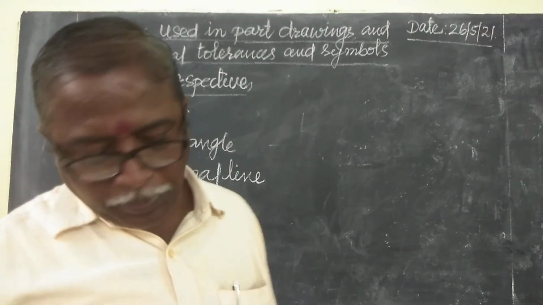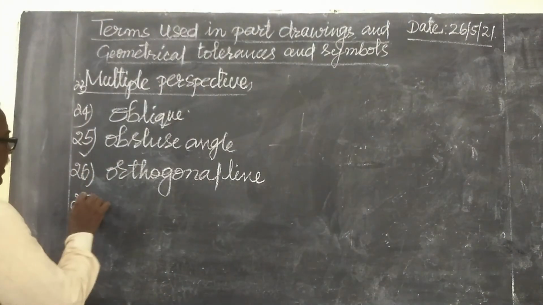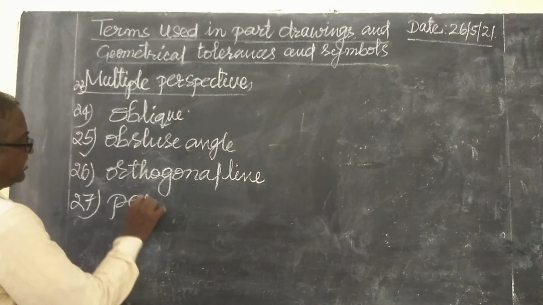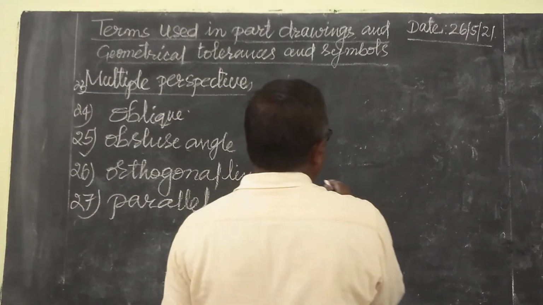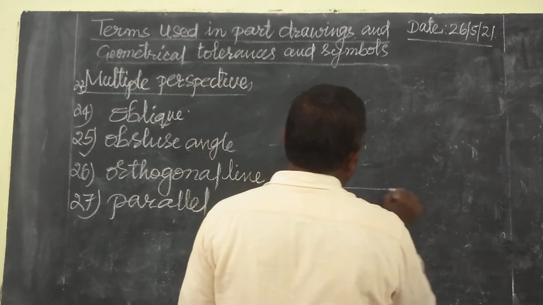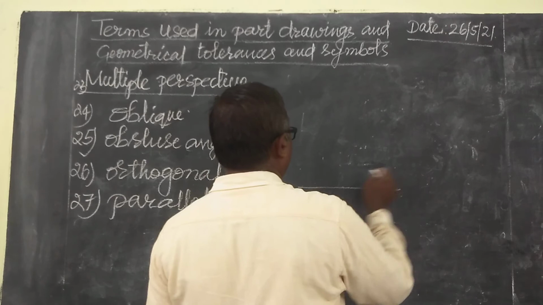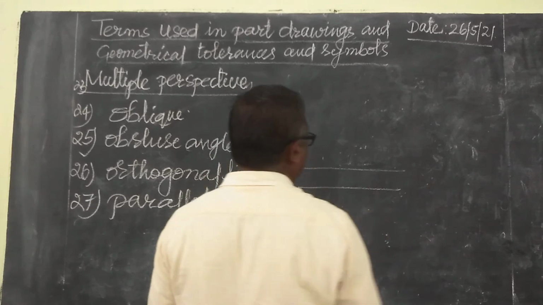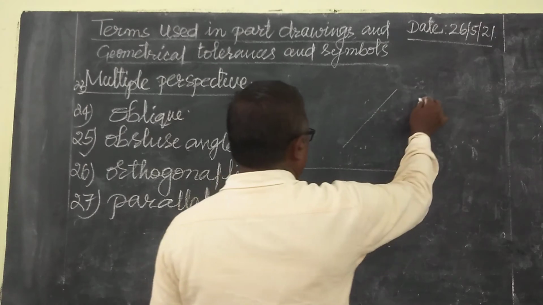Then parallel. 27 is parallel. This parallel is when you draw the horizontal line like this, whatever the distance you are taking here also same, that is parallel. Suppose sometimes we will go like this also.